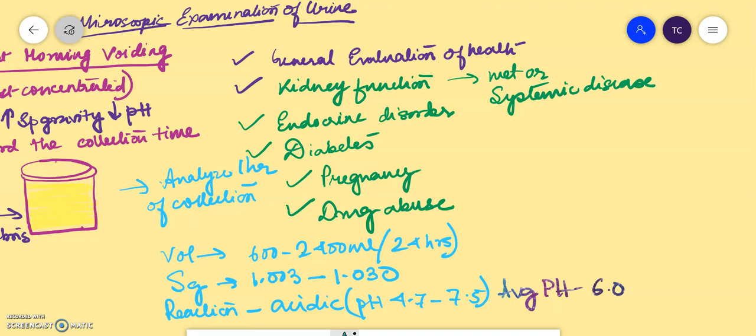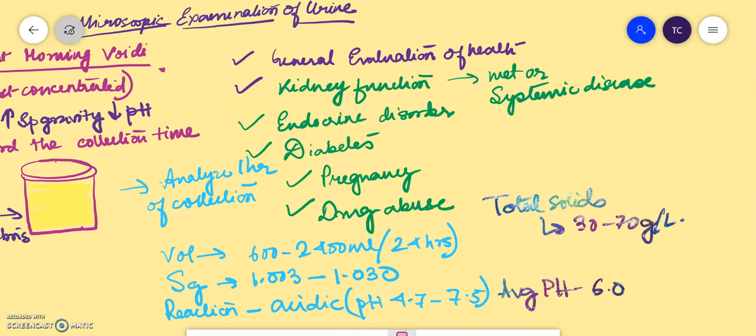Then total solids are 30 to 70 gram per liter. So this is all about the composition of your normal urine.